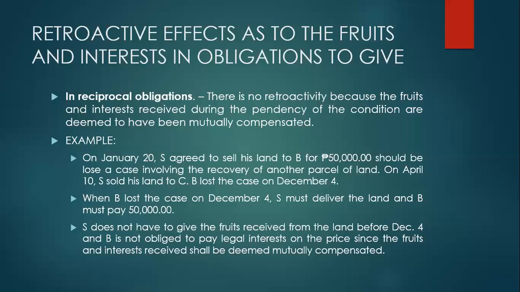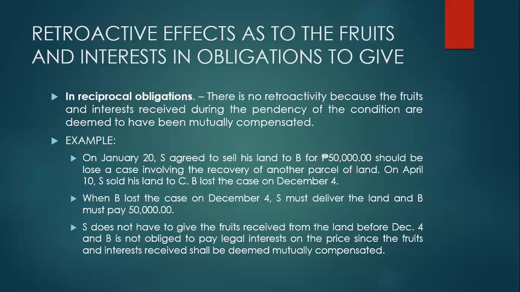This example is familiar, right? Because we have already given this in our previous discussion. On April 10, S sold his land to C. B lost the case on December 4. When B lost the case on December 4, S must deliver the land and B must pay 50,000, right?